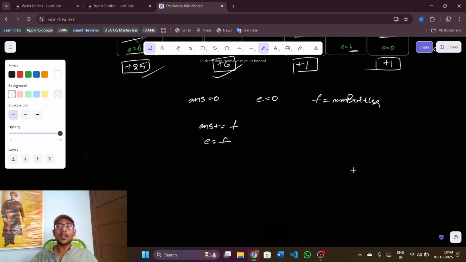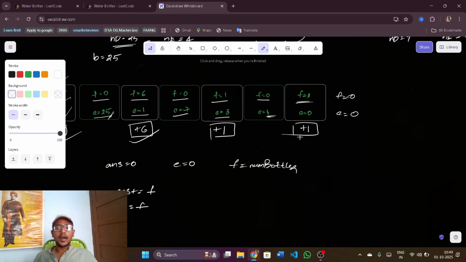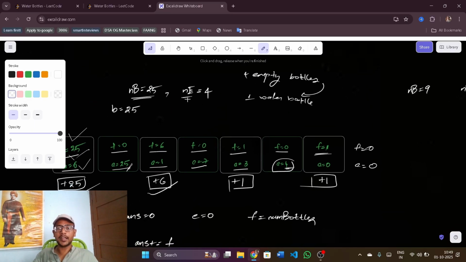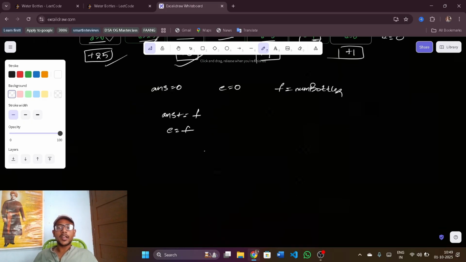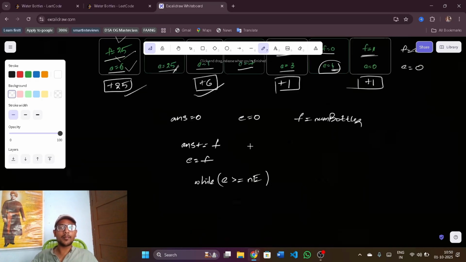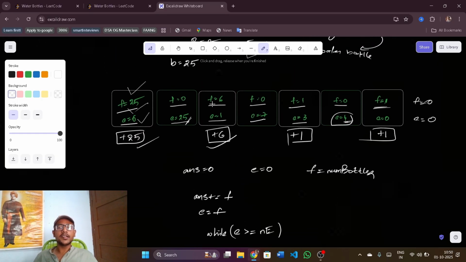Now, as empty is greater than or equal to num exchange, NE, if it is possible, so if empty water bottles are greater than or equal to num exchange, while this is true, I'll run a loop. Now, in that loop, what I am doing is adding the filled F's to my answer.